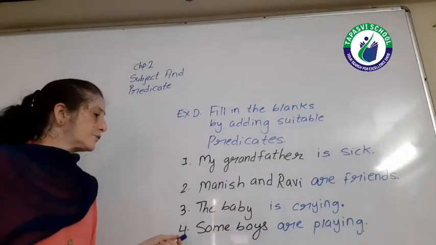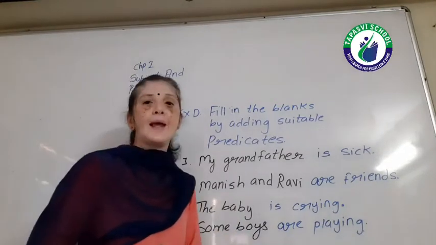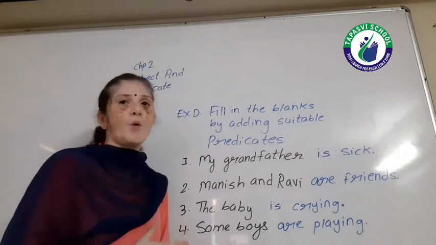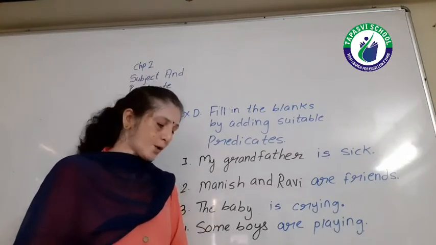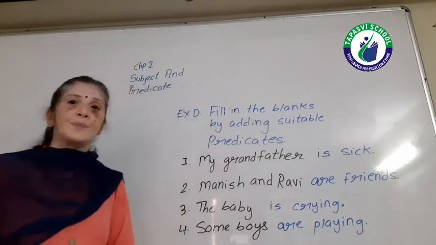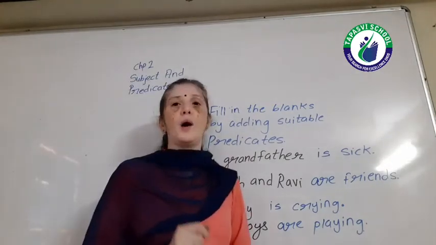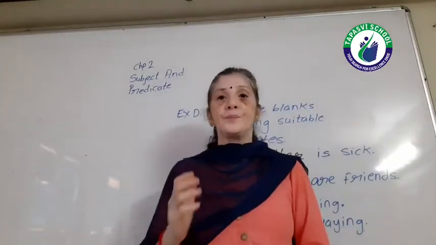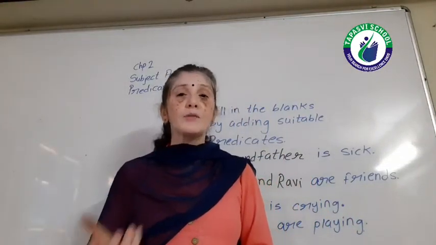And fourth one, some boys. What is said about some boys? Some boys is the subject. What is said about some boys: are playing. Right? We have written up to the fourth one. Now fifth one, the book. The book is the subject.